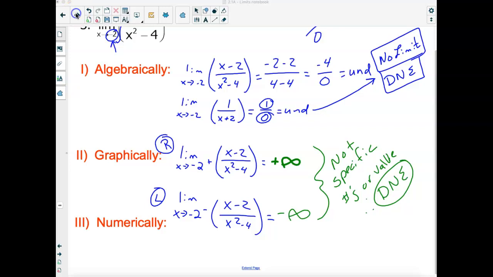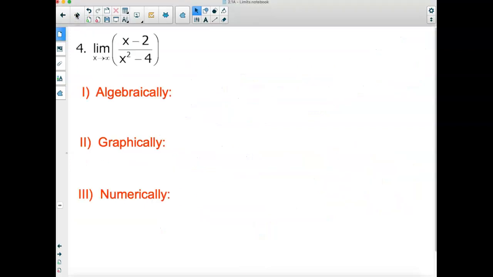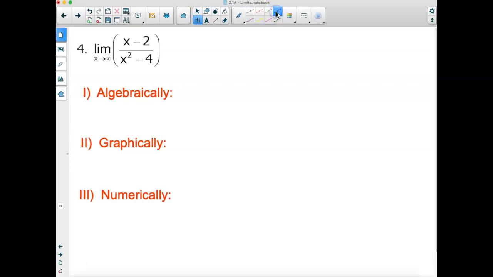The last one we're going to do here, important to see, when we're doing limits, we are always looking at target values. Whoa, a target value there, infinity? What the heck? How do I do that? That's an end behavior limit.